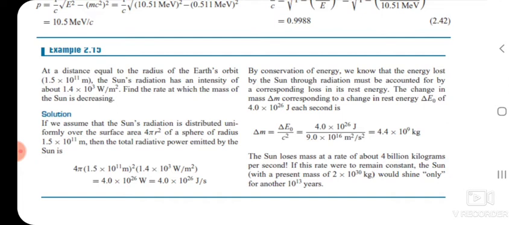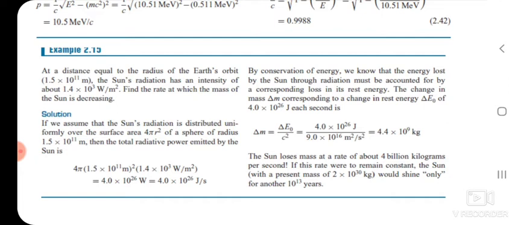In this case, if we assume that the sun's radiation is distributed uniformly over the surface area 4 pi r square of a sphere of radius 1.5 into 10 to the power of 11 meter, then the total radiative power emitted by the sun is 4 pi r square, where r is 1.5 into 10 to the power of 11 whole square, into the intensity, 1.4 into 10 to the power of 3 watt per meter square.